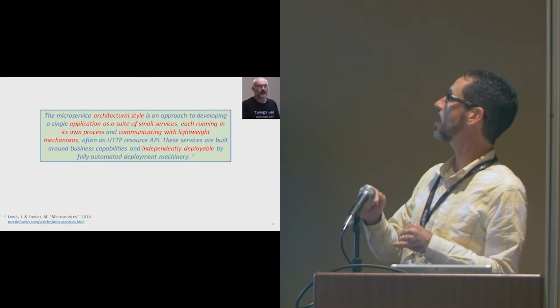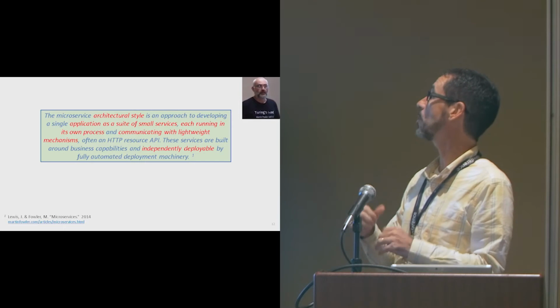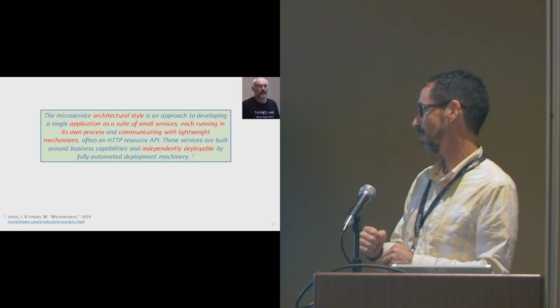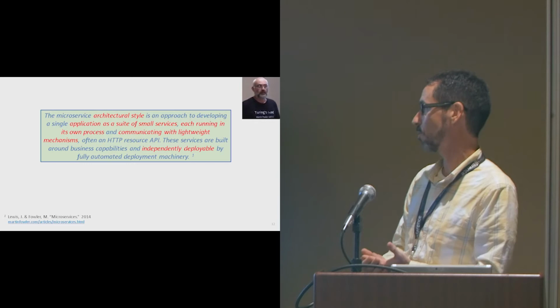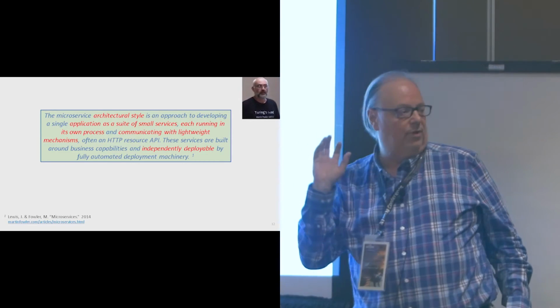But importantly, they say, they are built around business capabilities and they are independently deployable using fully automated machinery. Notice the important words that I heard there: small, communicating with lightweight mechanisms, and independently deployable were key concepts to that architectural style.